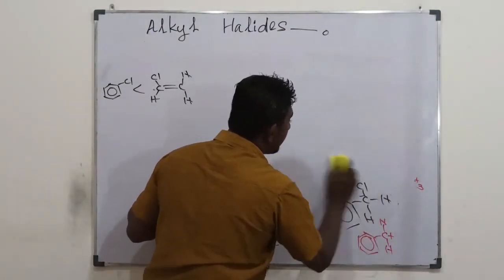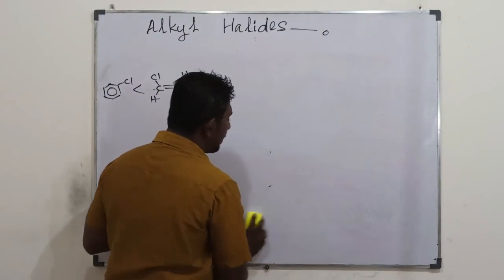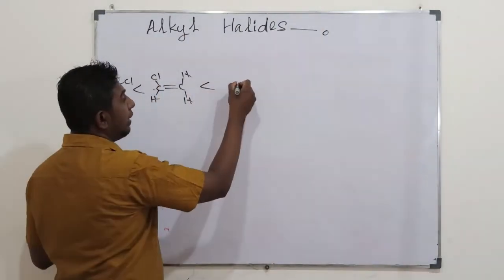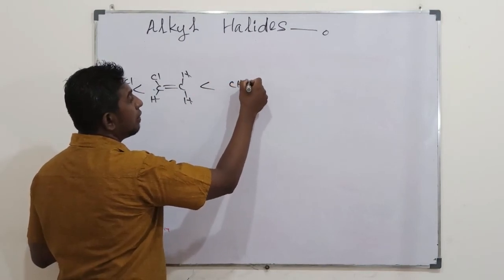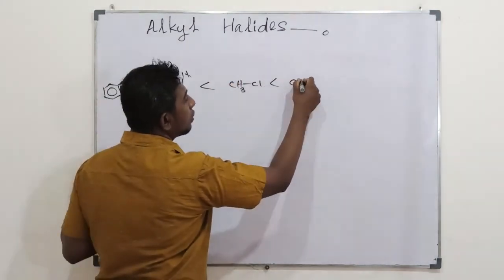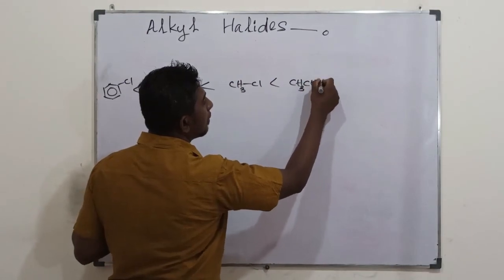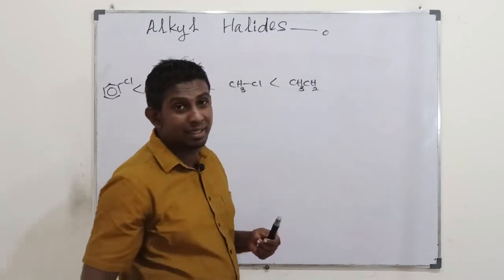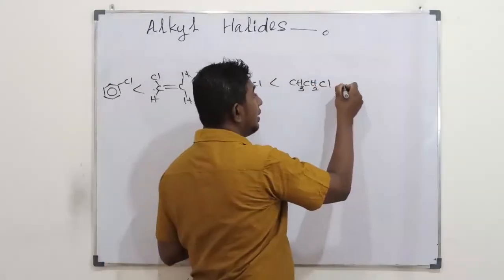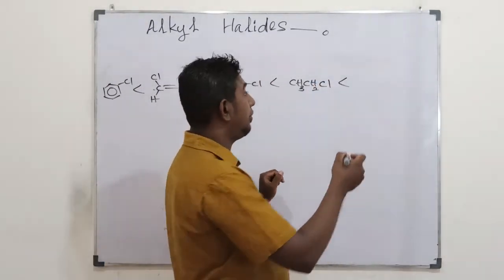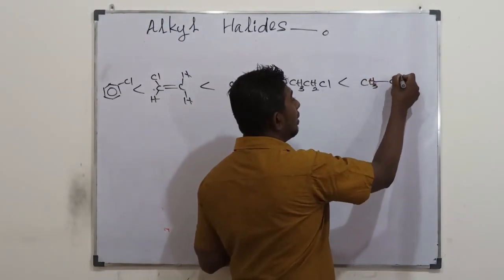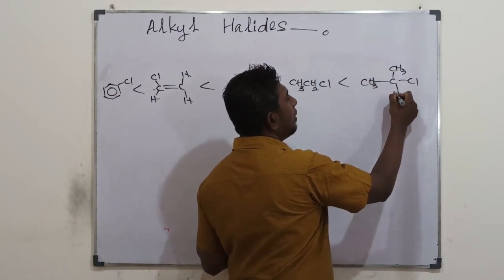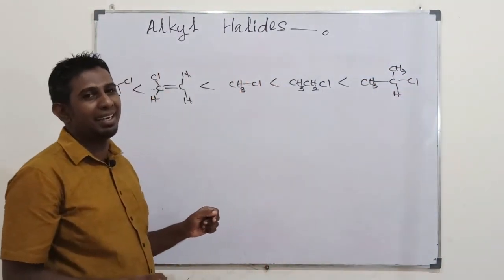Then students, you could find next those primary alkyl halides. First methyl chloride, then ethyl chloride. What you would get next is secondary alkyl halides. It's this CH3 Cl. So it's 2-chloropropane.